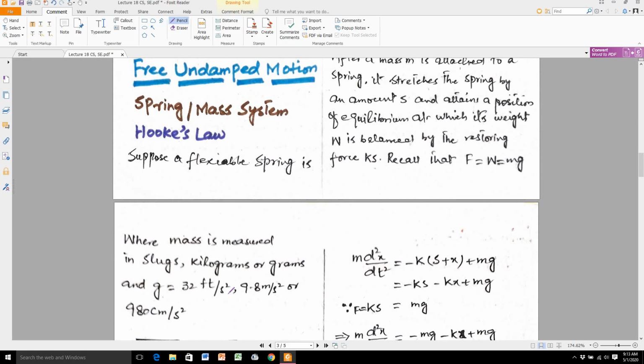If you replace meter by 3.25 feet and multiply by 9.8, then you get 32 feet per second square. It is a unit conversion. Or you use 9.8 meter per second square, or if you measure it in centimeter, then it becomes 980 centimeter per second square.